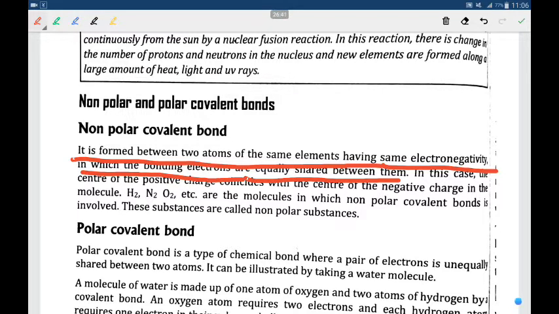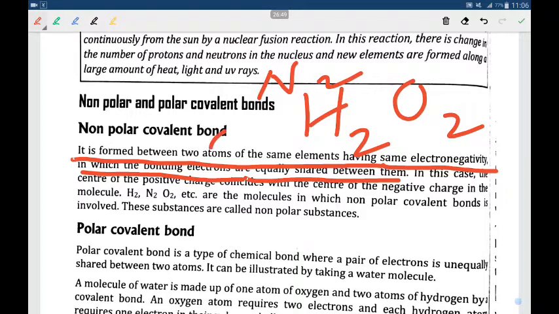For example, in hydrogen or oxygen or chlorine or fluorine or bromine. See, I have written many. They are non-polar because they are molecules and equal number of electrons are shared.